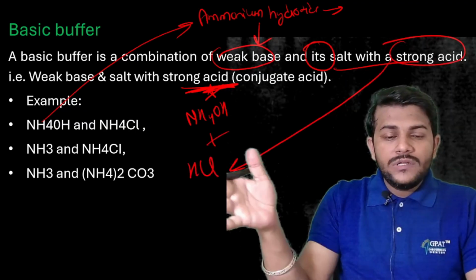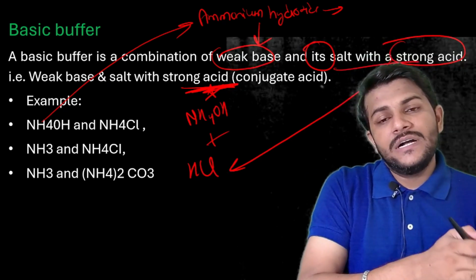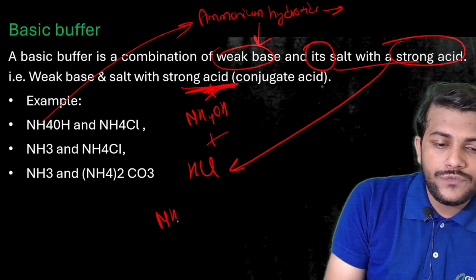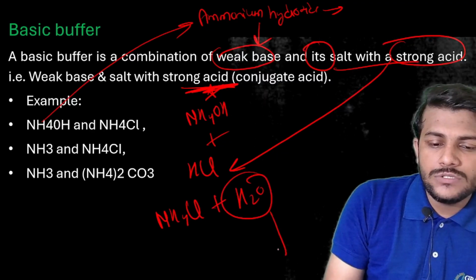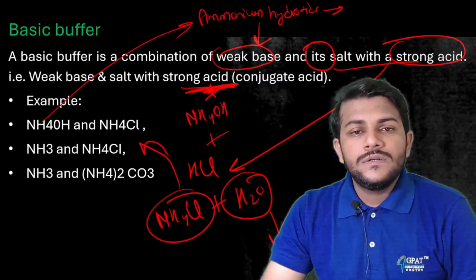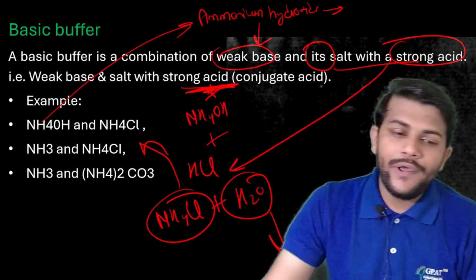So the weak base and the strong acid undergo the reaction, and there is formation of NH4Cl and release of H2O. This acts as a salt of a strong acid.